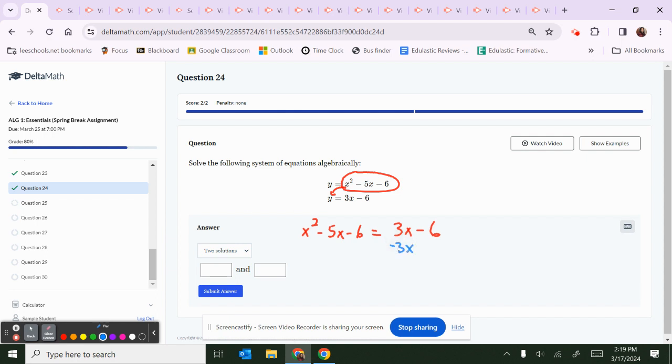Would I subtract it from x squared, negative 5x, or negative 6? From the negative 5x. This canceled. Now I would add 6. Would I add 6 to x squared, negative 5x, or negative 6? To the negative 6, because that's the like term. So now the x squared, I bring it down. Negative 5x minus 3x is negative 8x. Negative 6 plus 6 is 0, or they cancel out.